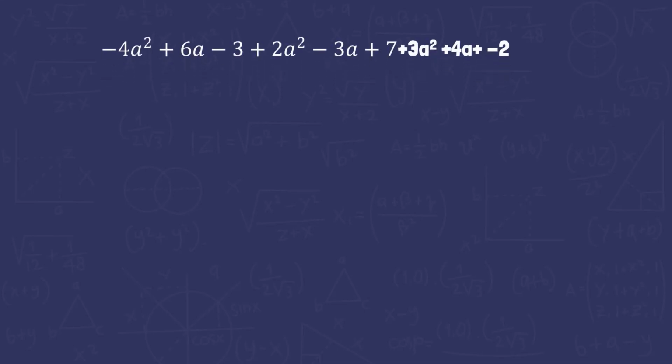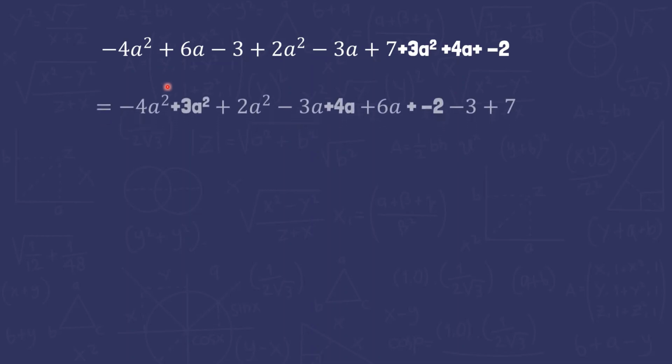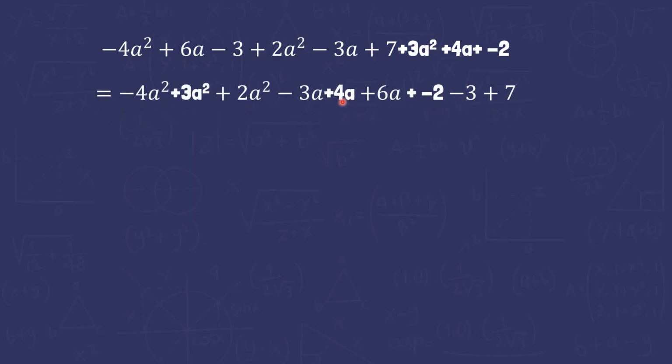Now, our first step is to put the like terms together. One thing you're going to remember is a squared and a are not the same. Alright, so both of them are different. So we're going to put the a's together, then the a squares together, then the a's together, and then the constants together.